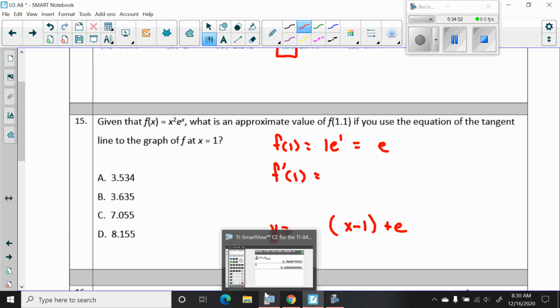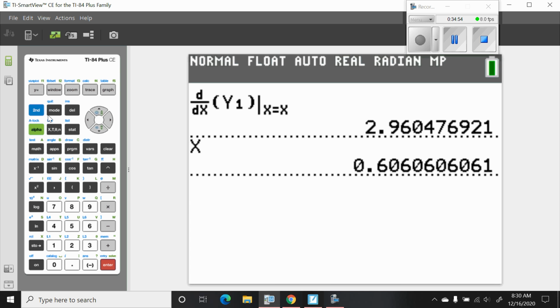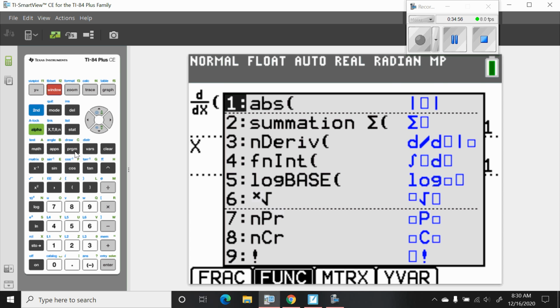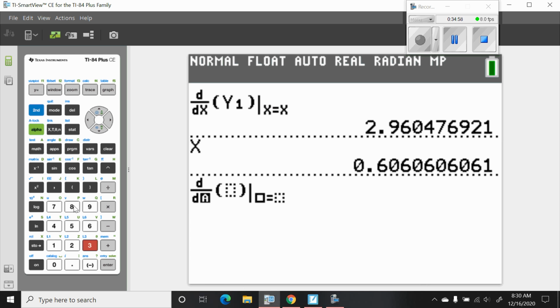I'm just going to use the calculator. X squared e to the x. So alpha, window, number 3, nDeriv, x, and we got x squared times e to the x, and we're finding the derivative when this is 1, and we're going to go 3 decimal places to get the slope.